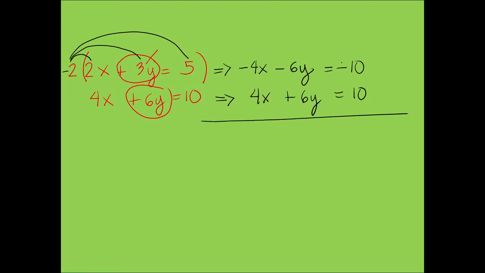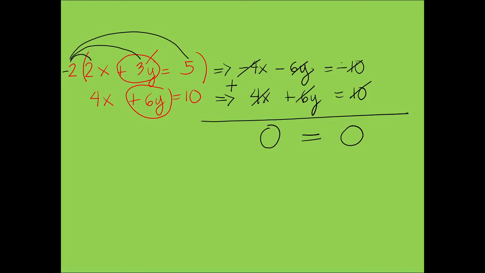And let's now add. What is negative 4x and positive 4x? 0. And what about negative 6y plus 6y? That's still 0. Equal to, what's negative 10 plus 10? 0. So, eliminated.